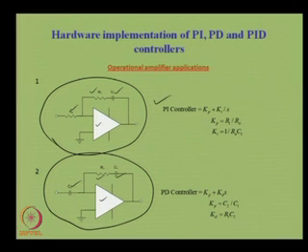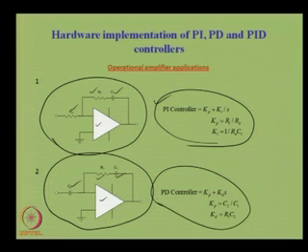And the way one can find the transfer function of the controllers is given over here. Yes, very easy to derive all those expressions. So, one can design PI, PD or their combinations using op amp or operational amplifiers. This is how we get in hardware the implementation of PI, PD and PID controllers.